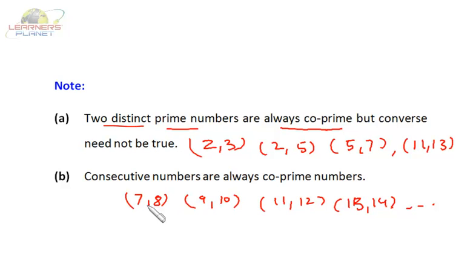Okay, so these are also co-prime numbers. In this case also 9 is not a prime number, 10 is not a prime number, but it is a set of co-prime numbers. Okay, so I hope you are clear with the definition of co-prime numbers. Now let's learn what are twin prime numbers.